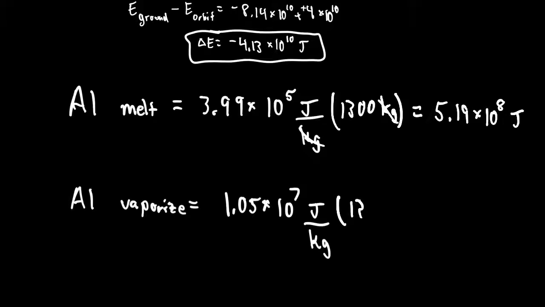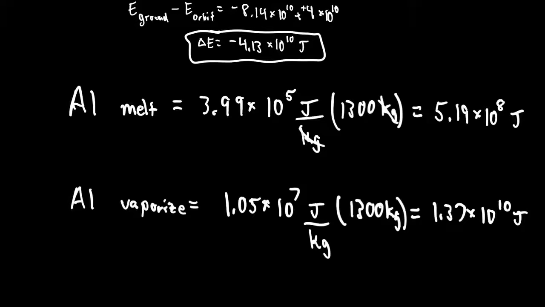Let's see if it vaporizes. Vaporizing will completely destroy the satellite. Take your 1.05 times 10 to the 7, multiply by 1,300, and what do we get there? I get 1.37 times 10 to the 10 joules. Is there enough energy being lost to actually vaporize this?